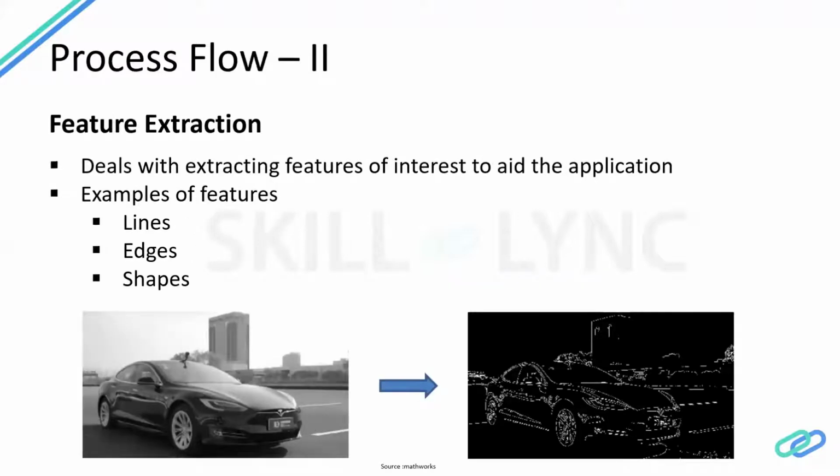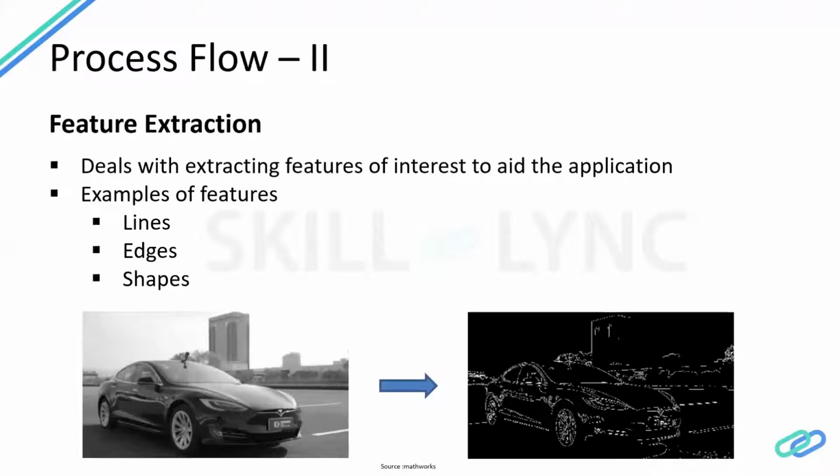Feature extraction is an important step because based on the application and what you are interested in, the features that you would be interested in could vary a lot. Here, we see the image of a car, and then we just see the lines, shapes and edges in that image extracted out, and there are methods to achieve the result that you see in the second picture.